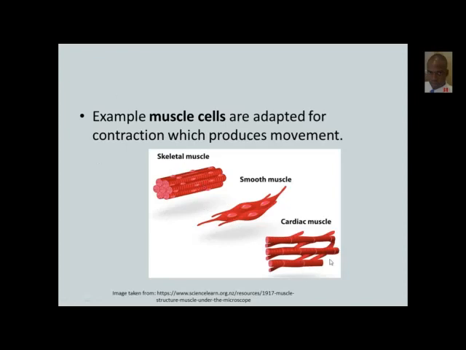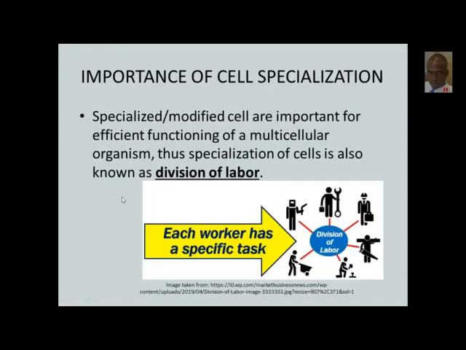The smooth muscles are muscles like those in your intestine that help with digestion, the muscles in your stomach, your esophagus, all those tubes in your body, especially your intestines. They are smooth muscles, right? So an example of a specialized cell is muscle cells, and these are the types of muscles found in the human body.